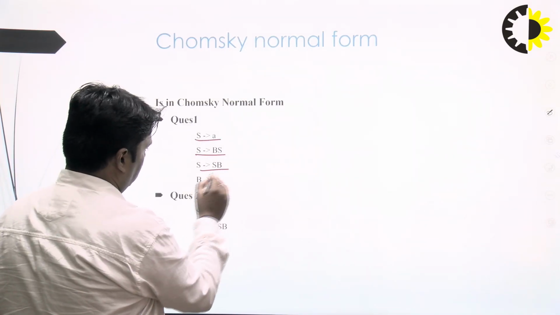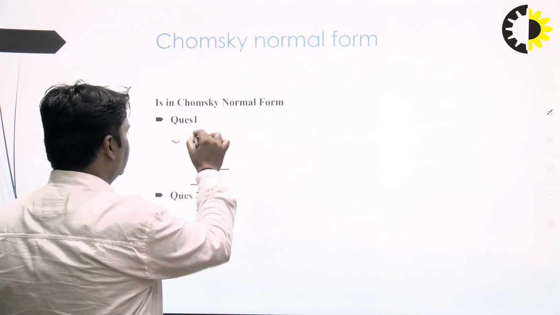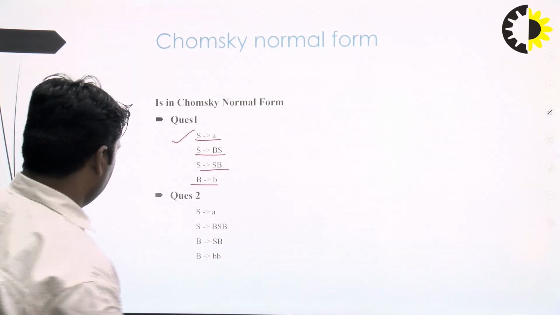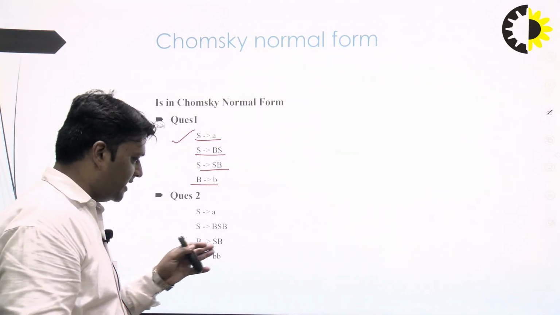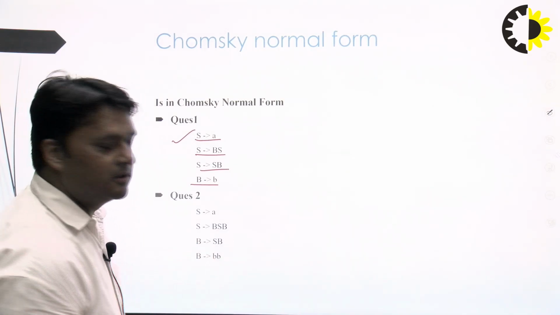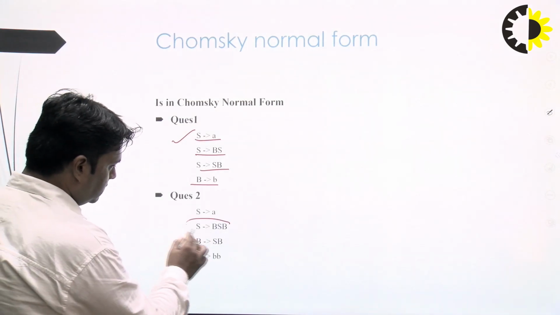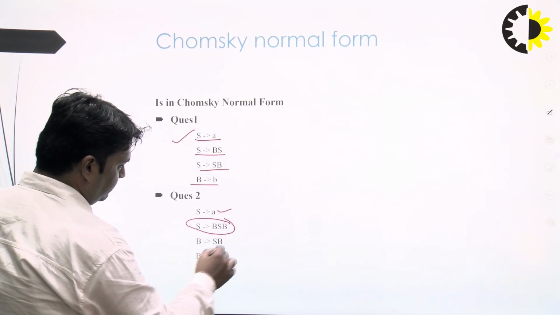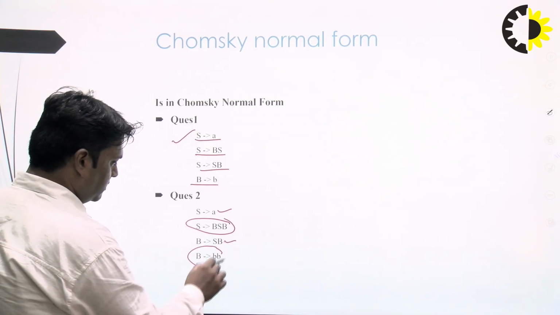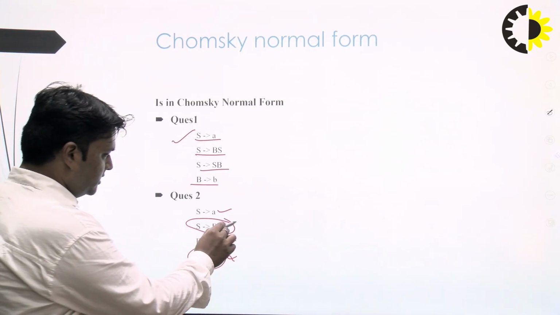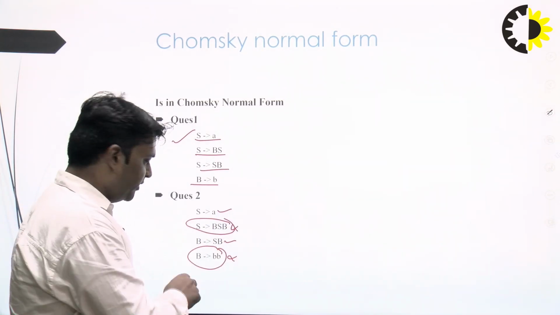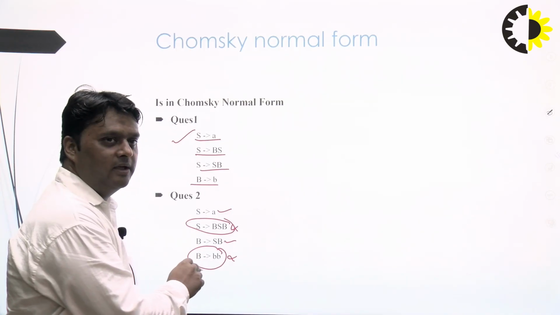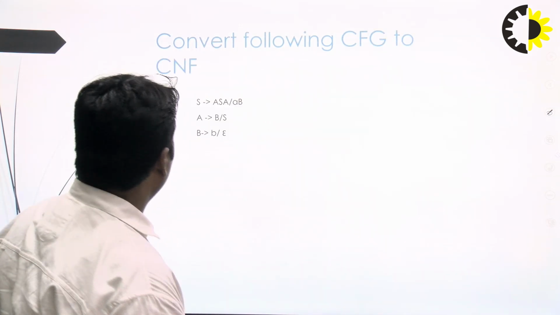This fulfills the criteria, so this is in the form of CNF. In question 2: S implies A, S implies BaB, B implies SB, and B implies BB. Here this one is in CNF, this also is CNF, but these two are not in CNF because here there are more than two non-terminals and here more than one terminal symbol.